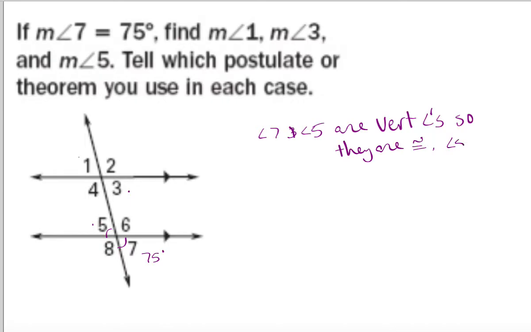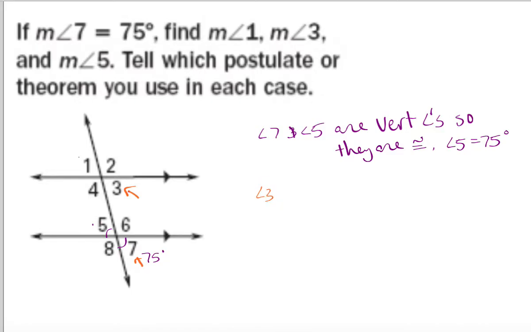So angle 5 is 75 degrees. That's how I know, using vertical angles congruent. 7 and 3 are related because they are corresponding angles. So 3 and 7, their relationship is that they're corresponding angles.